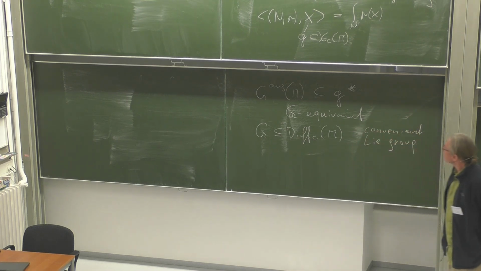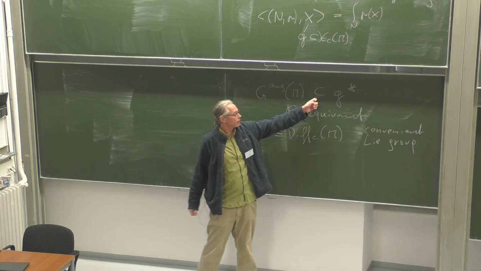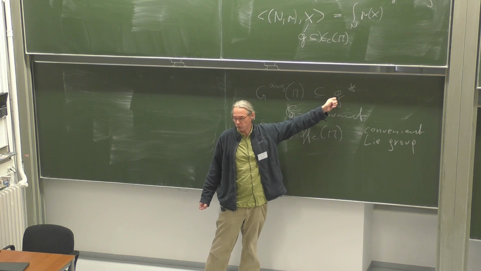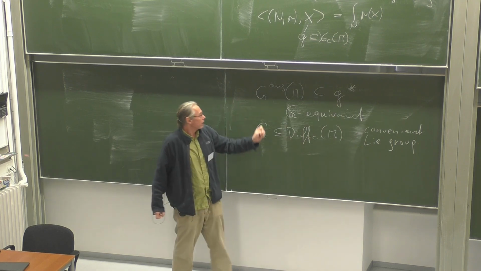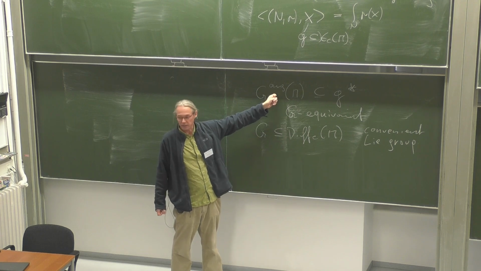And what we would like to do is use this embedding to put smooth structures on some of these coadjoint orbits by putting a smooth structure on the G orbits on the augmented Grassmannian.